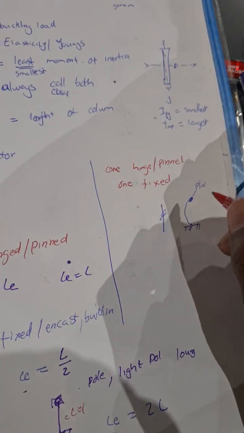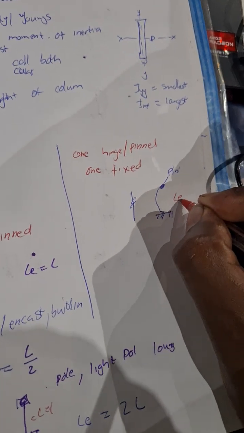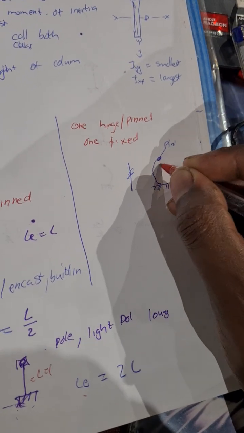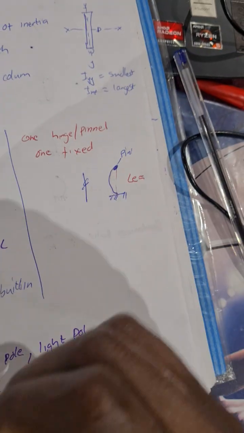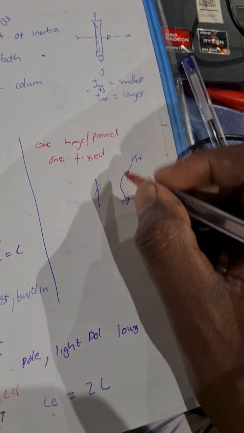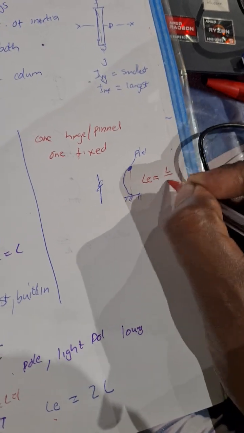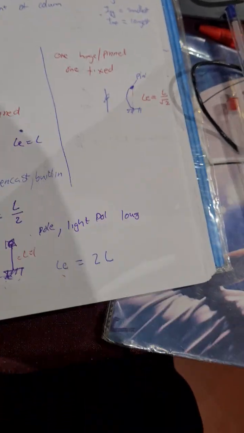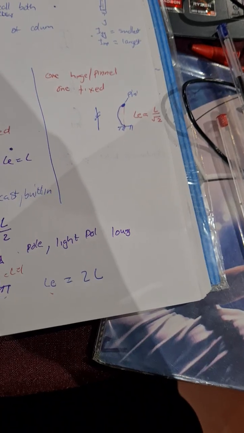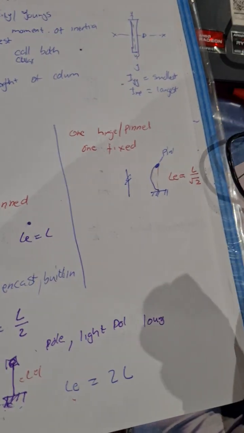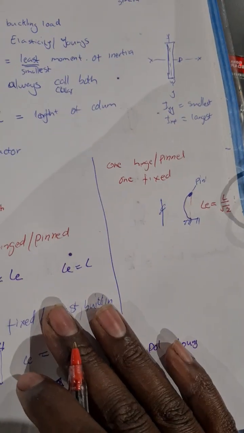So we have something like this. Then L effective. Remember, this is L, the length from here to here before it failed. So L effective, if it's this, L over root 2. So just know that.